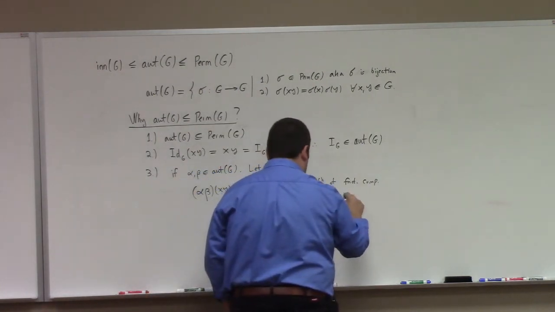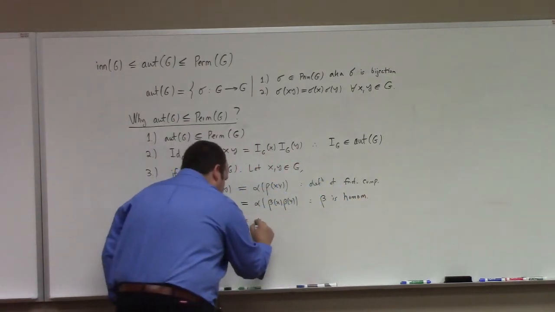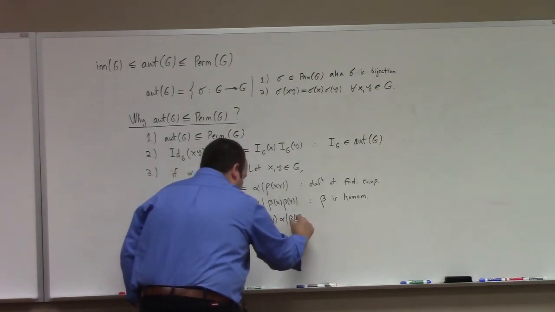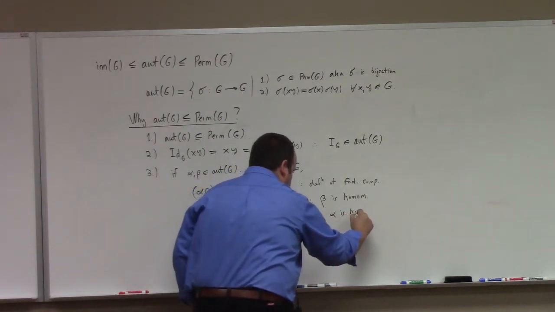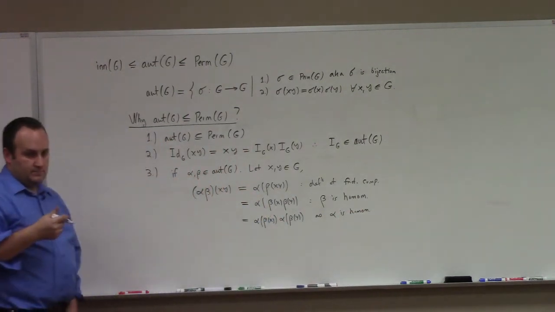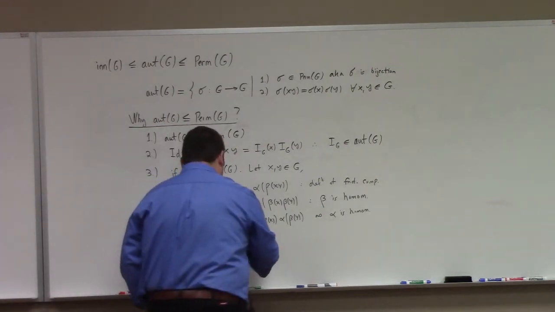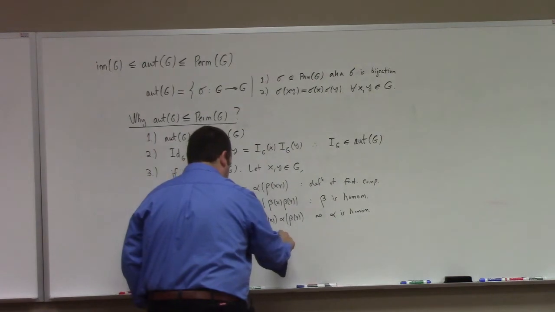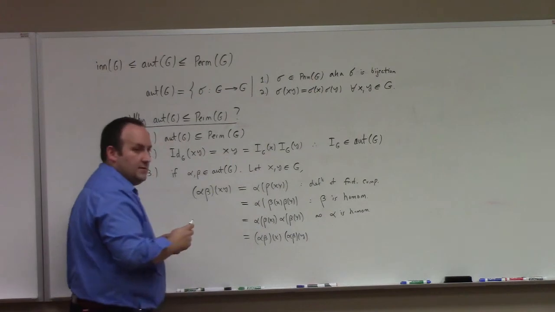Beta is a homomorphism. And then that is alpha of beta of x times alpha of beta of y, as alpha is a homomorphism. But then by the definition of composition, that's alpha beta of x times alpha beta of y.